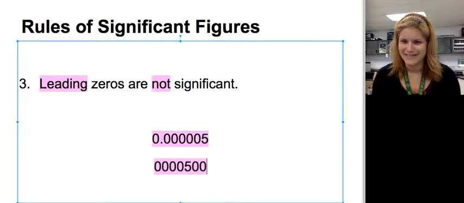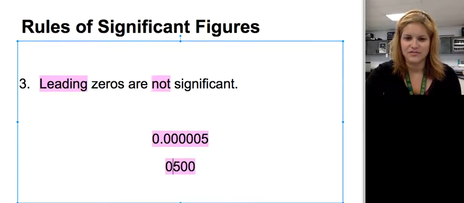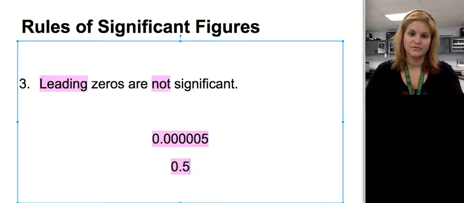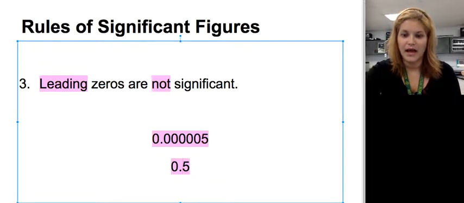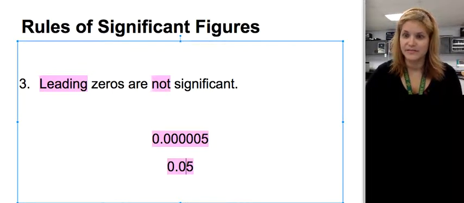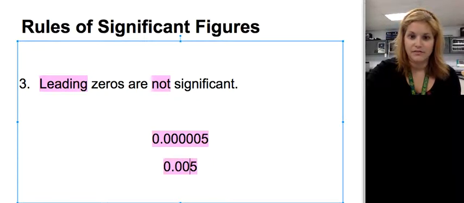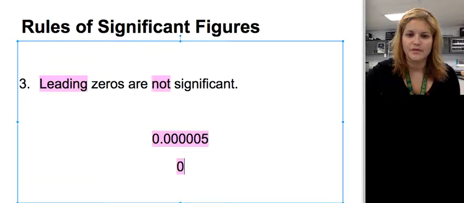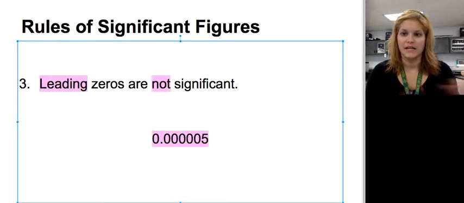That doesn't make sense. You wouldn't have all of those extra zeros. So you're only going to see leading zeros if you have like 0.5. There's 1 leading zero. I could say 0.05, and I've got 2 leading zeros. 3, 4, you see what's going on there? All of those leading zeros are always going to be not significant.